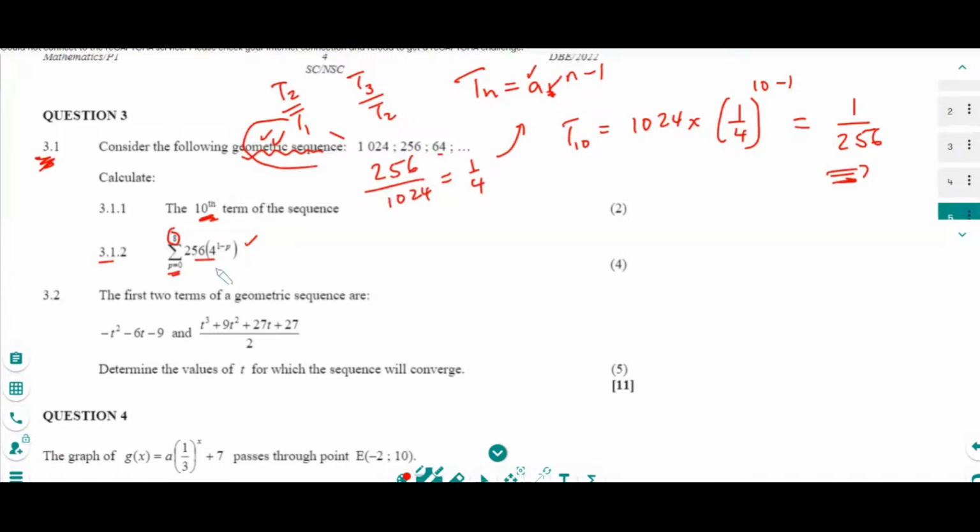Then we have our r as 1 over 4. We can find that by replacing p with a 0. If we substitute p with a 0 to get the first term, this will die out, and then we shall have 256.